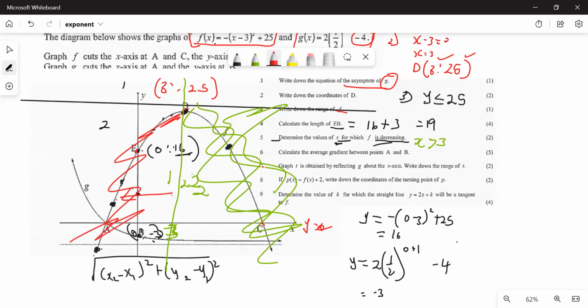When the graph is going like this, I say now the graph is going up. The graph is increasing, and then it decreases. The other way to think about it: if you have a sad face, your graph starts by increasing and then it stops and then it decreases.